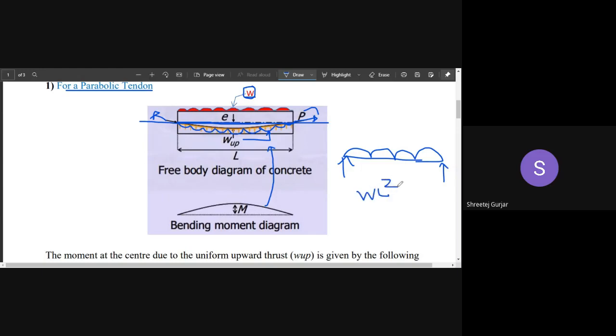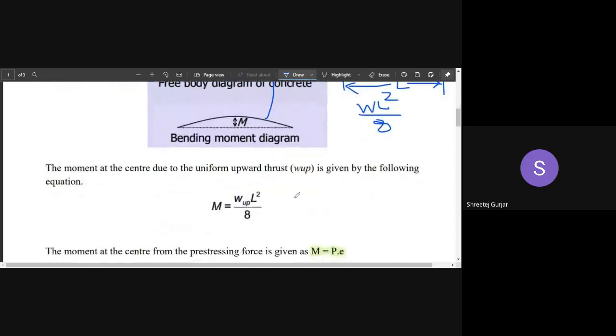This is your upward thrust WUP, and this is the span of your beam, L. So the moment generated because of this upward thrust is WUP L squared by 8. This is the moment generated at the center, at mid span.